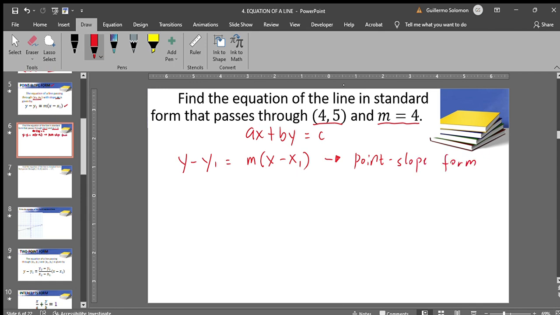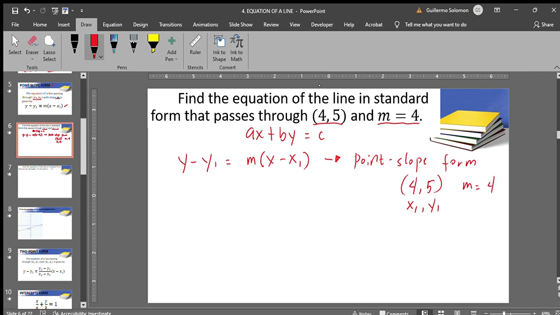Okay, next, identify our given. For 5, the coordinate or the ordered pair for 5, that is in the form of x sub 1 and y sub 1. This time, do not change the value of y and x. Ang kailangan lang palitan yung y sub 1 tsaka yung x sub 1 natin. And our m is equal to 4.